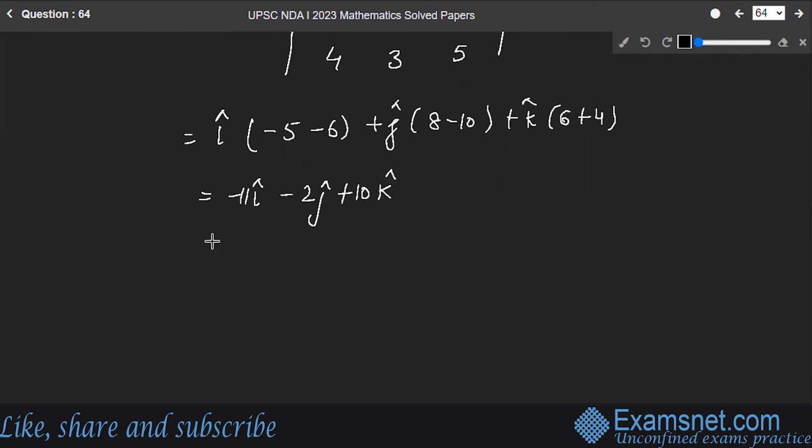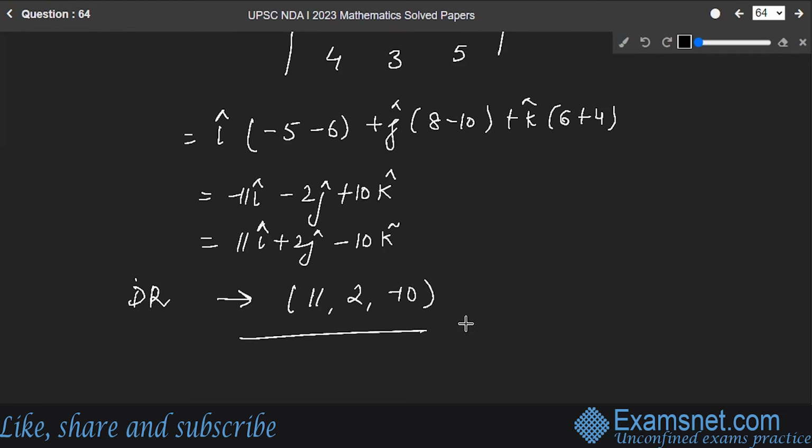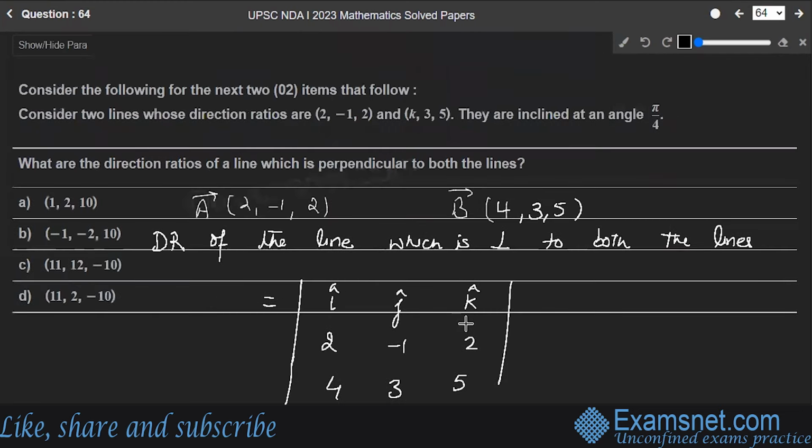So the direction ratios, this also can be written as 11i plus 2j minus 10k. Right? So the direction ratios will be 11, 2 and minus 10. Let's check with the options. 11, 2, minus 10. This is option D. So option D is the correct answer to the problem. Hope you understood this. Let's move to the next question.